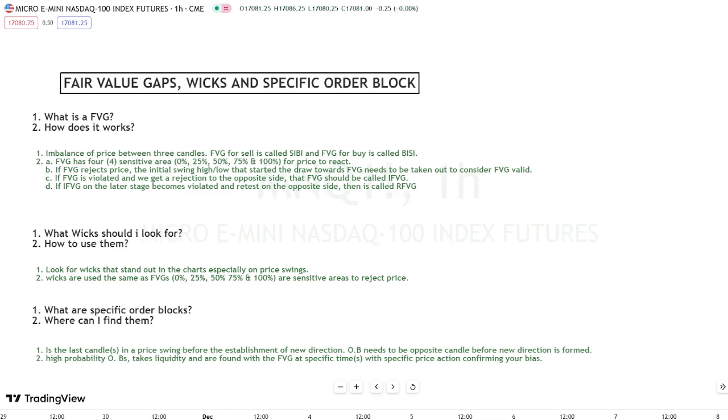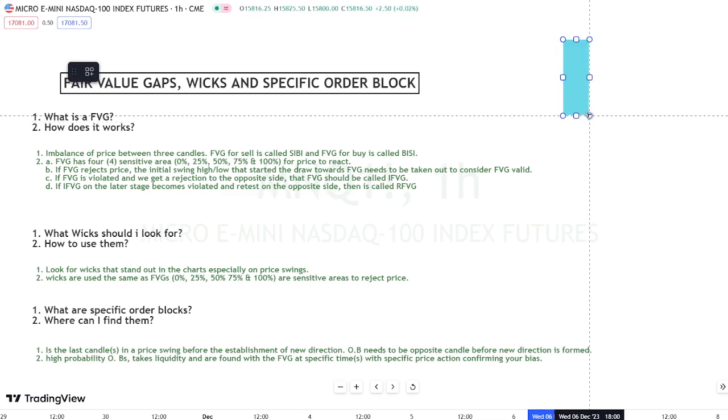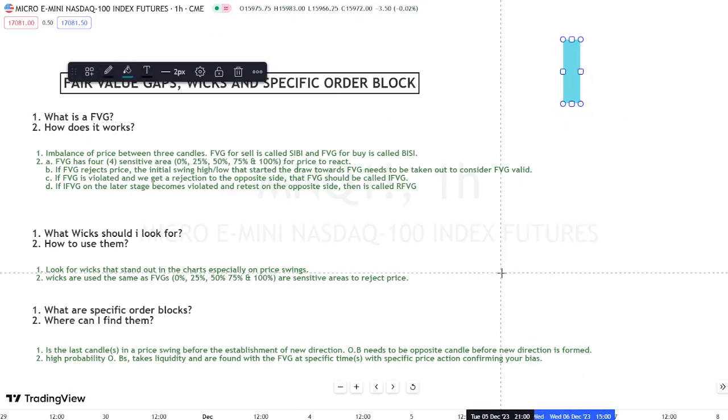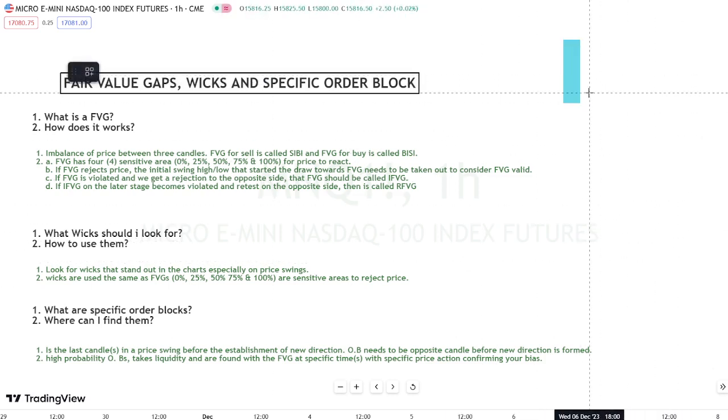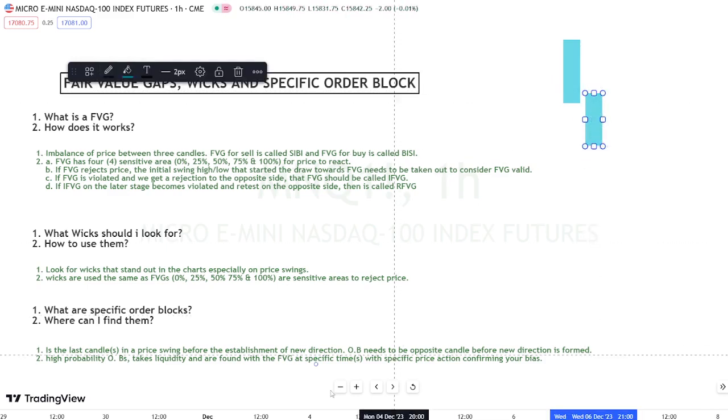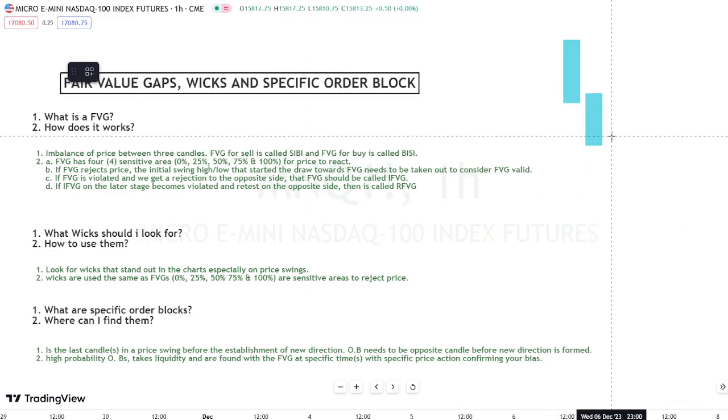Let's just try to make a fair value gap, even though it's going to take some time. We are not going to make a perfect market, guys. Let's say you have this 2, 1, 2, 3.